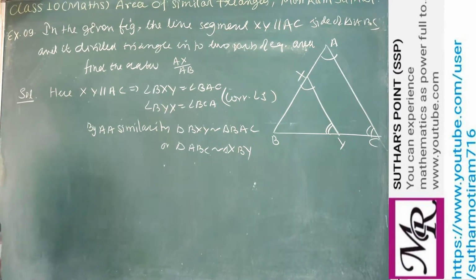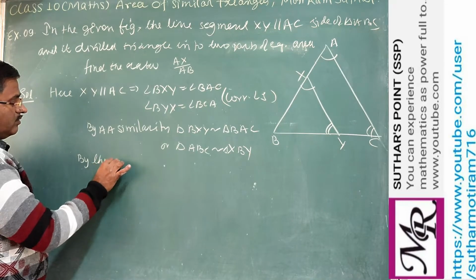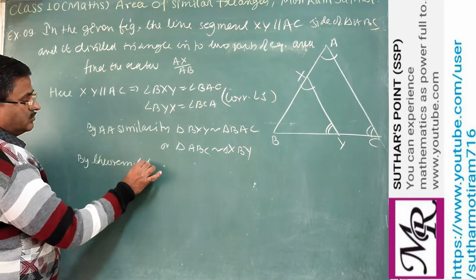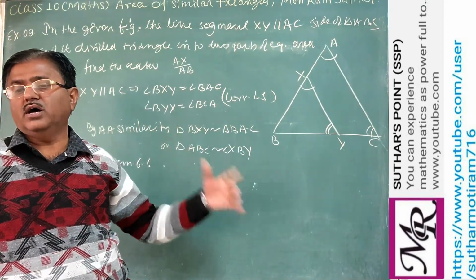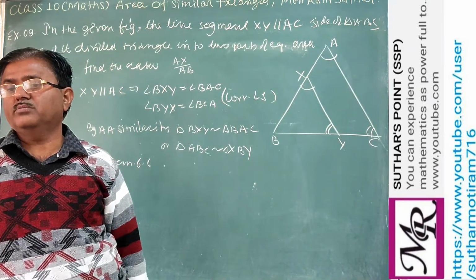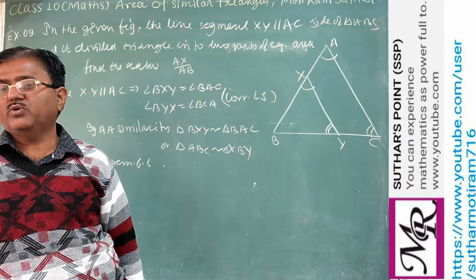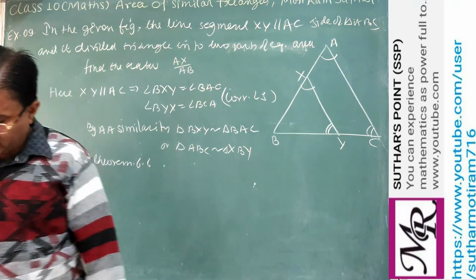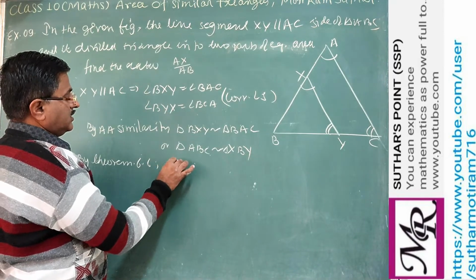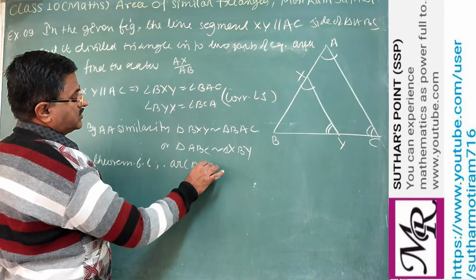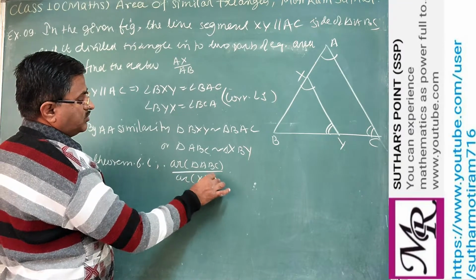Now by the theorem we have learned here, theorem 6.6: if two triangles are similar, then the ratio of the areas of these two triangles is equal to the square of the ratio of their corresponding sides. So area of triangle ABC upon area of triangle XBY.